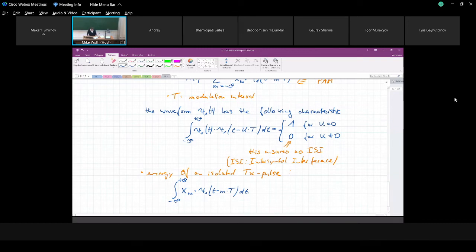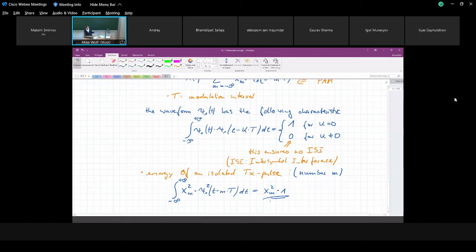So I could say the system theoretic energy. If I square this, I have the energy. And then you see the energy of this isolated pulse with time index m. So this is just x_m squared times 1, because we assumed a pulse shape which is unit energy, just for simplicity.